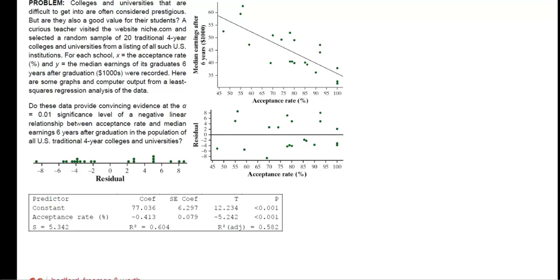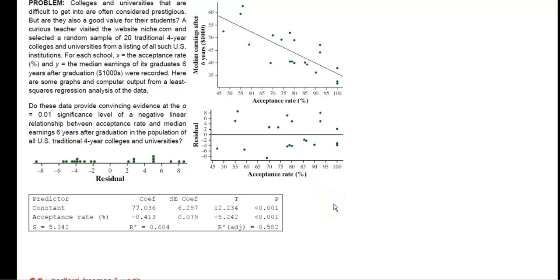Oh, I like this. Here are the acceptance rates and earnings. So if it's a lower acceptance rate, you get higher earnings, evidently. Do these data provide convincing evidence at the 1% significance level of a negative linear relationship between the acceptance rate and the earnings? Okay, so let's just go through this.